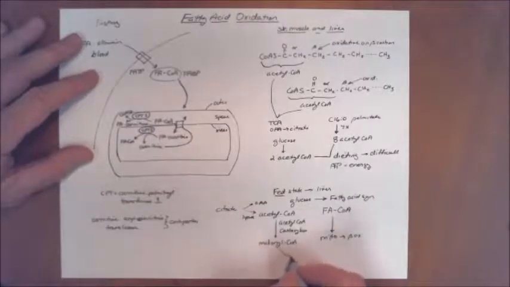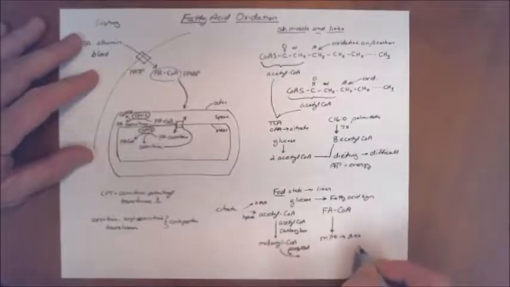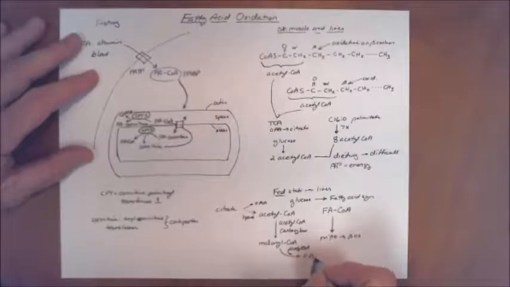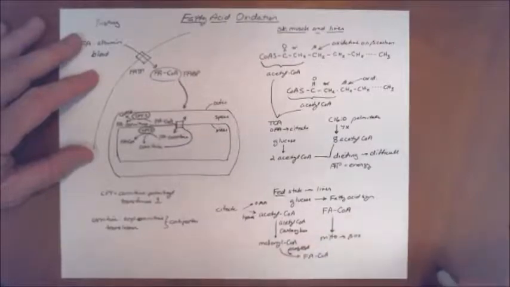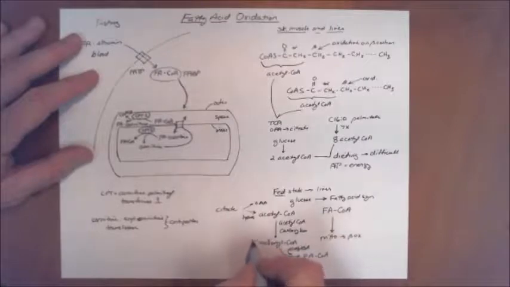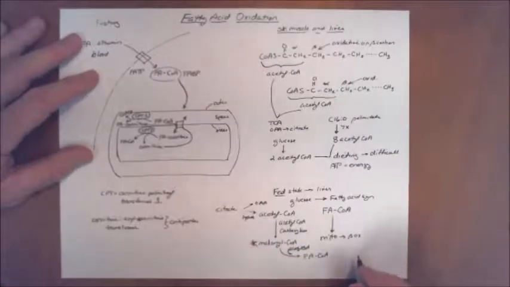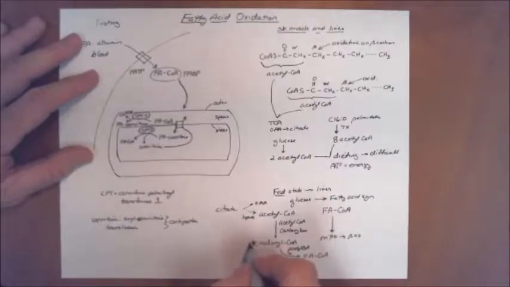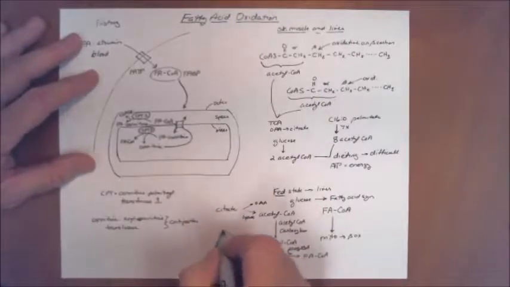Now when we take our malonyl-CoA together with our first acetyl-CoA, we are eventually going to make a fatty acyl-CoA molecule. In the liver, we have another role for the malonyl-CoA, and this is to inhibit CPT1.